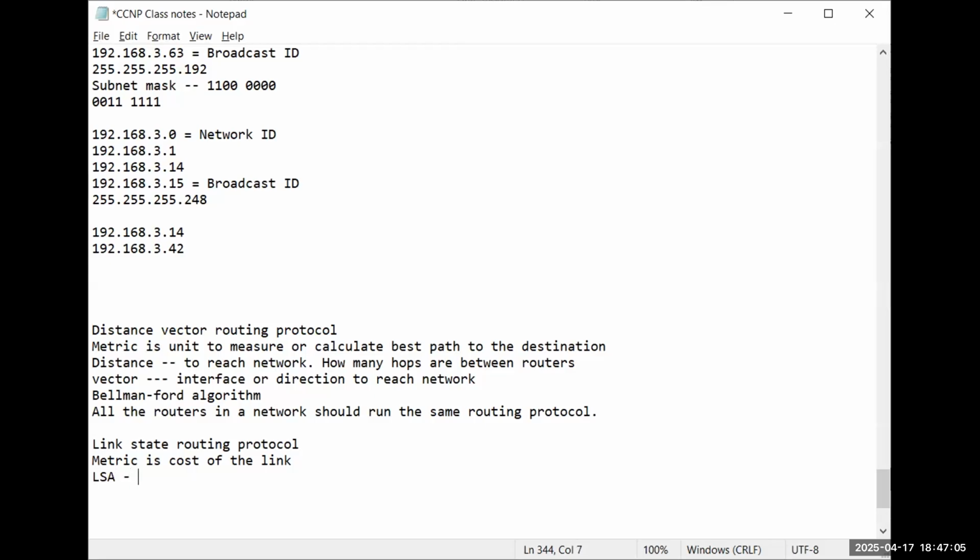We will go through LSA another time when we cover OSPF. LSA is a link state advertisement, and what it advertises is link state packets.